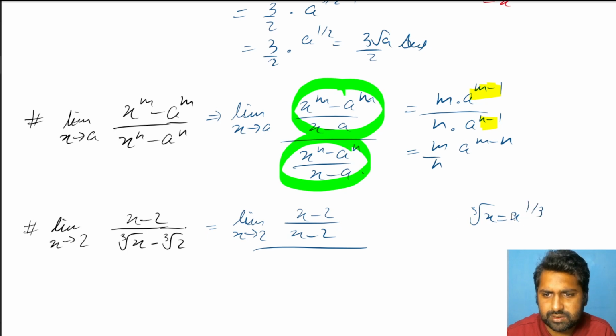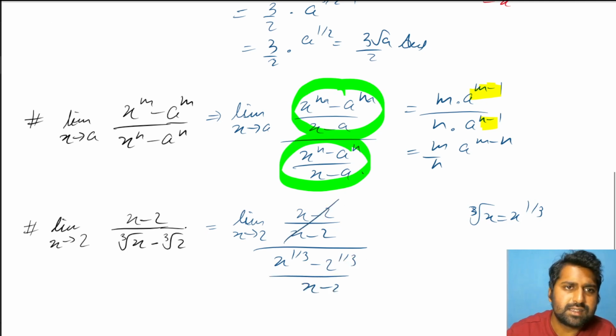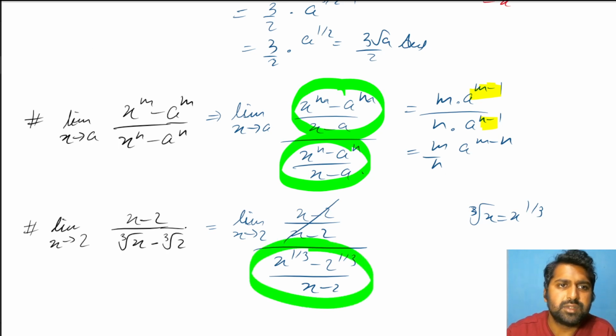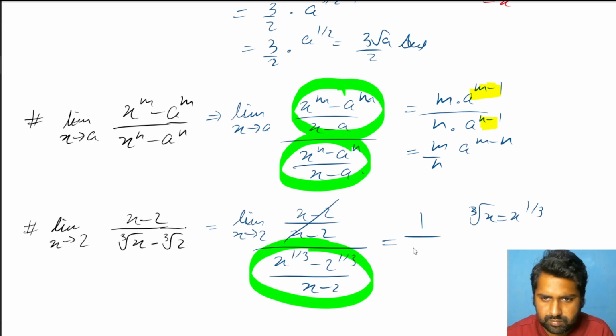Power 1 by 3. So x raised to power 1 by 3 minus 2 raised to power 1 by 3 upon x minus 2. This one cancels, and this one is our standard limit. That's 1 upon 1 by 3 into 2 raised to power 1 by 3 minus 1. Okay.